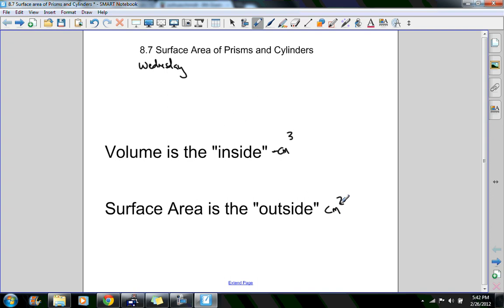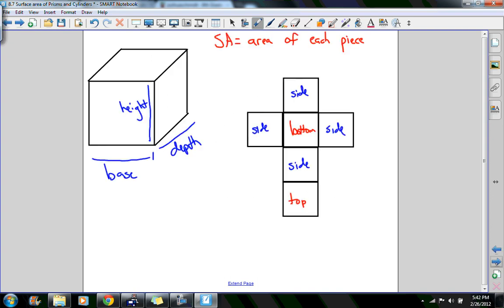Okay, this has the potential to be pretty tricky, so you really have to stay locked in with me on this one. What I've drawn here is a picture of a rectangular prism, a three-dimensional box. We have the base, the height, and the depth. This is what we covered last time. Over here on the right, I split it up like a net, so that if you take this and fold along each of the black lines, this would end up being the top, this would be the bottom, and these would be each of the sides.